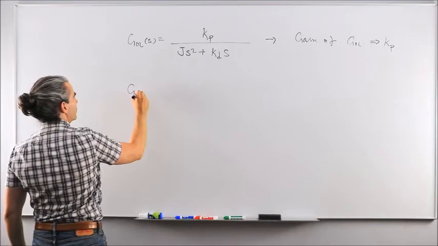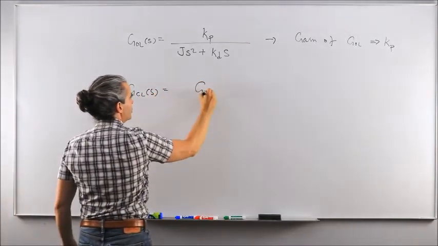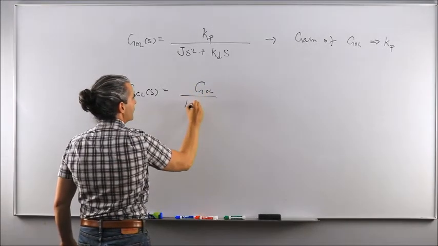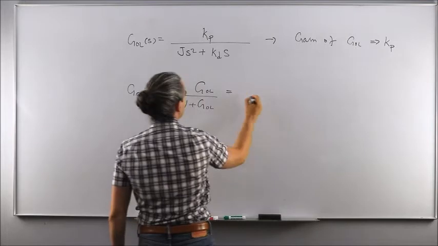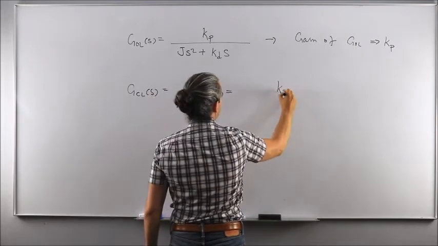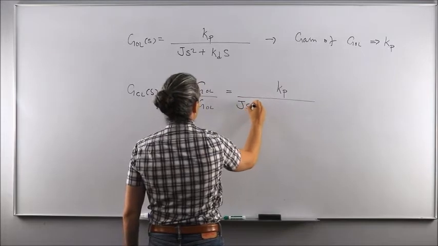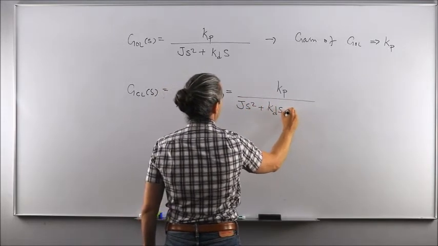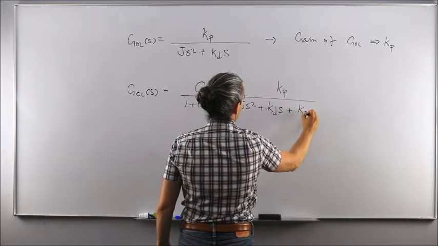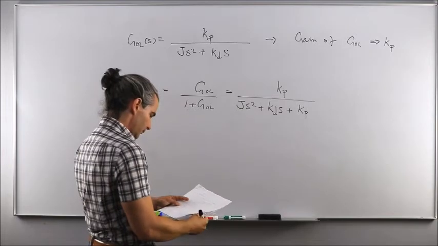That is because the closed loop transfer function is obtained, as you know, with G open loop over 1 plus G open loop. That gives you Kp over Js squared plus Kds plus Kp.